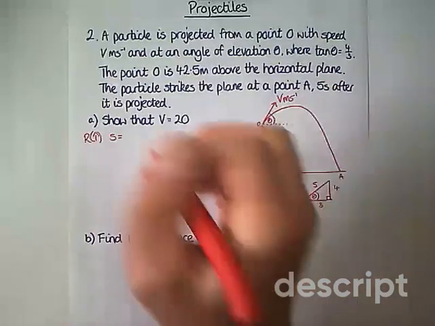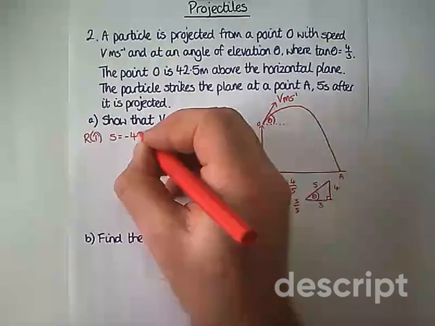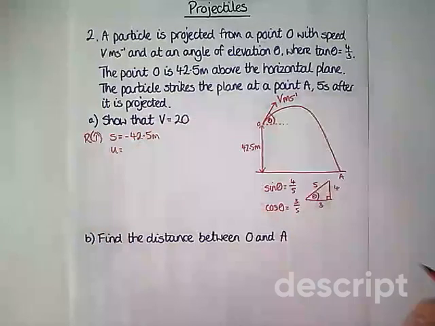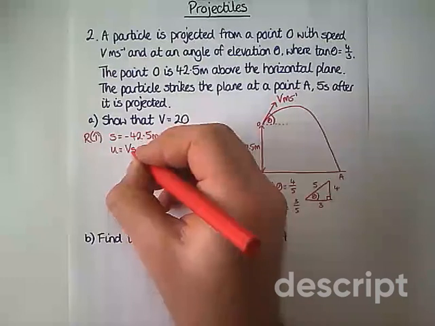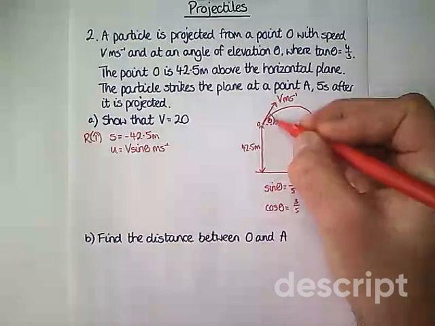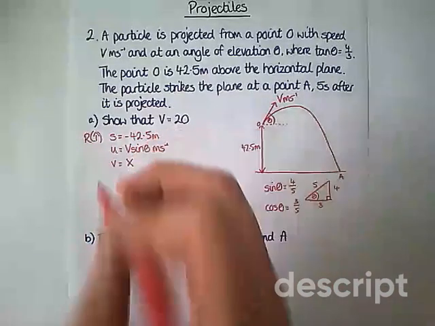So the vertical displacement is minus 42.5 meters. Our initial vertical velocity is v sine theta. We don't have and don't want our final velocity.